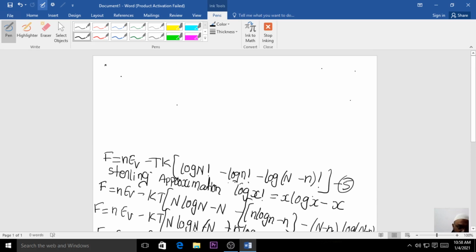So what we got ultimately here is exponential of EV by KT is equal to (capital N minus small n) by small n.